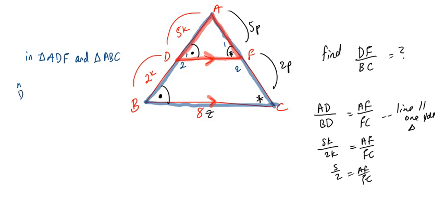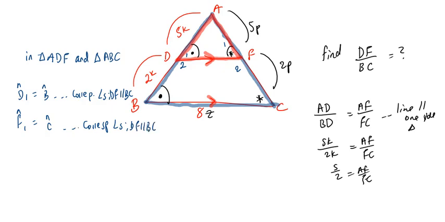So angle D1 is going to be equal to angle B, reason being that they are corresponding angles. Which lines are parallel? It's DF being parallel to BC. And then angle F1 is equal to angle C. They are also corresponding angles, because DF is parallel to BC.